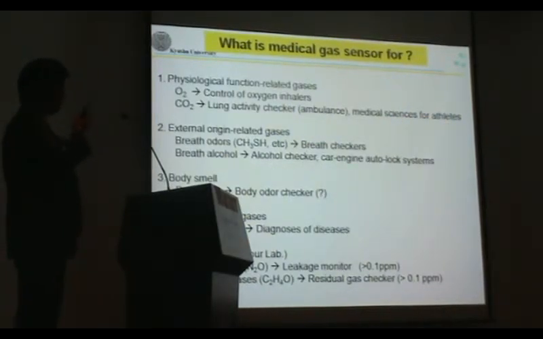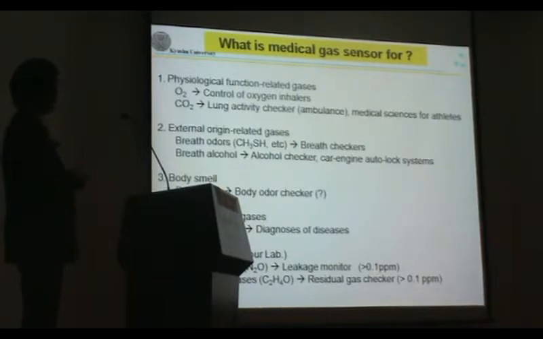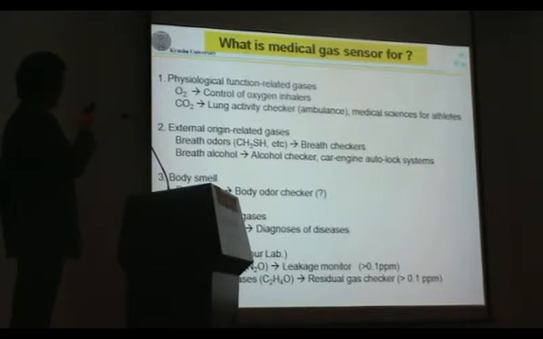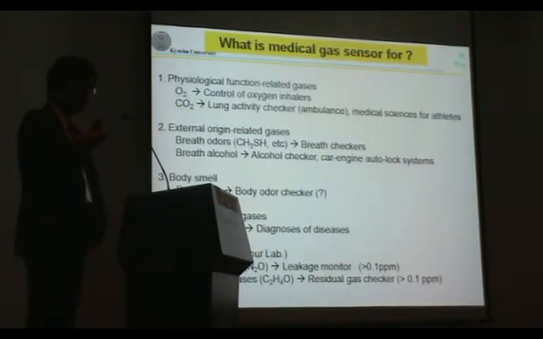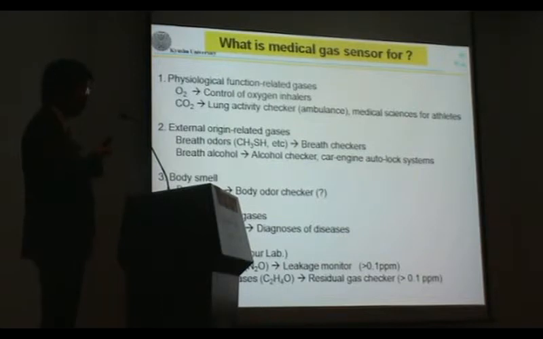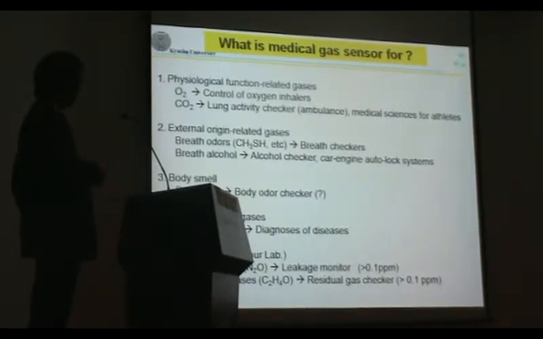So in the case of medical use, many sensors were proposed, but there are many problems. I think maybe the CO2 gas sensor is one of the candidates to use in the medical field.